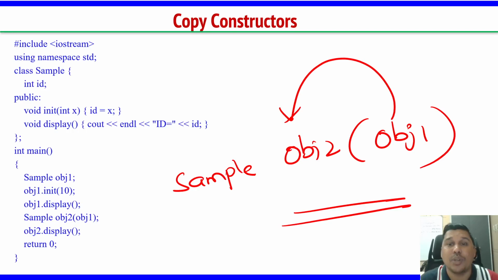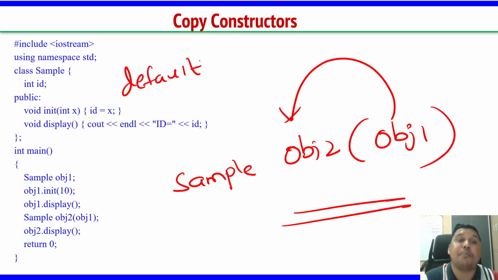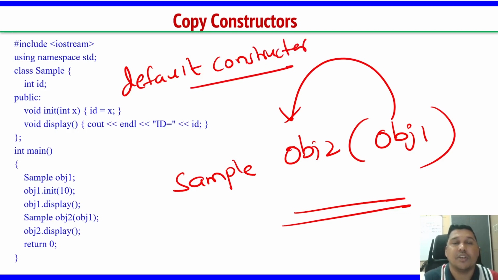How is this able to copy? It is copying with the help of a default constructor which the compiler creates. If you remember, I said if you are not defining a constructor in the class, the compiler will automatically create a default constructor based on the requirement.